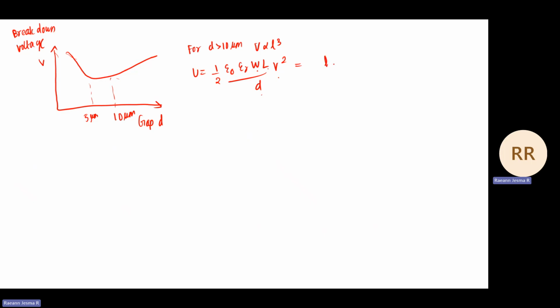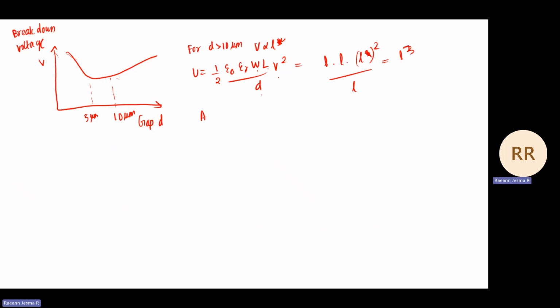So we have length dependence, again length dependence, L cube the whole square divided by L. I think it's around L power 7. Sorry, for a size greater than 10 micrometer, voltage is having linear dependence. So here you will have L power 4, which you will get L cube.